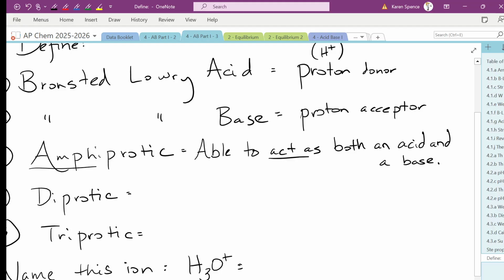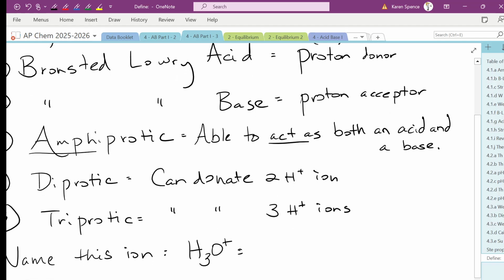Diprotic, Victoria. Can donate 2 H plus ions, yes. And therefore triprotic, Tiago, can donate 3 H plus ions.